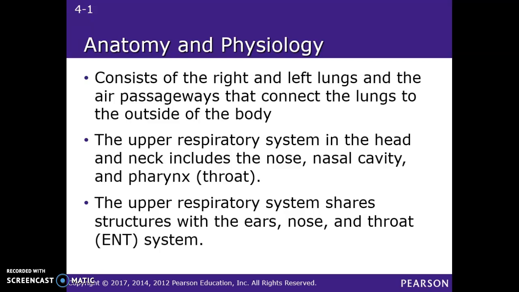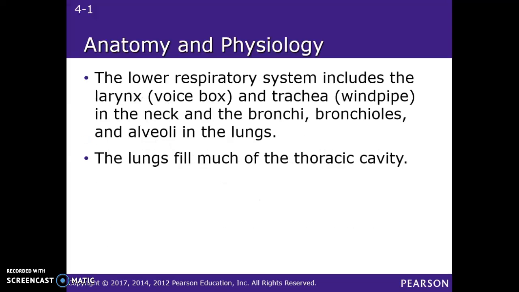So the upper respiratory system consists of your nose, your nasal cavity, your throat, everything having to do with ENT, so your ears, nose, and throat. That's what we consider upper respiratory system. Whereas the lower respiratory system is the larynx, the voice box, the trachea, the bronchi and the bronchioles, and the alveoli in your lungs.